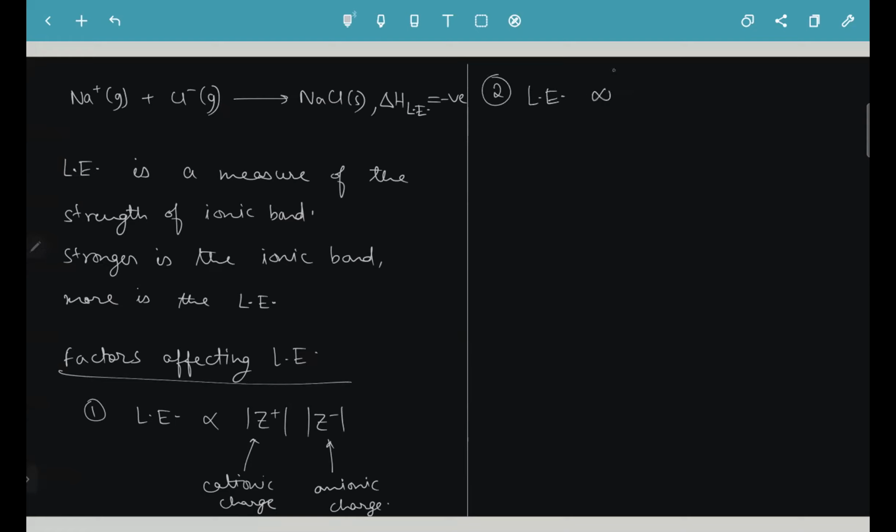Lattice energy is also inversely proportional to the interionic distance. R plus is radius of cation, R minus is radius of anion.